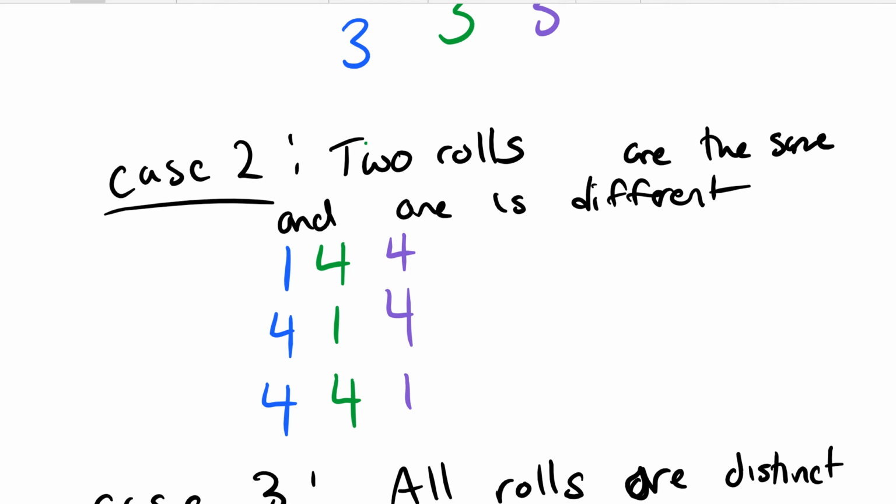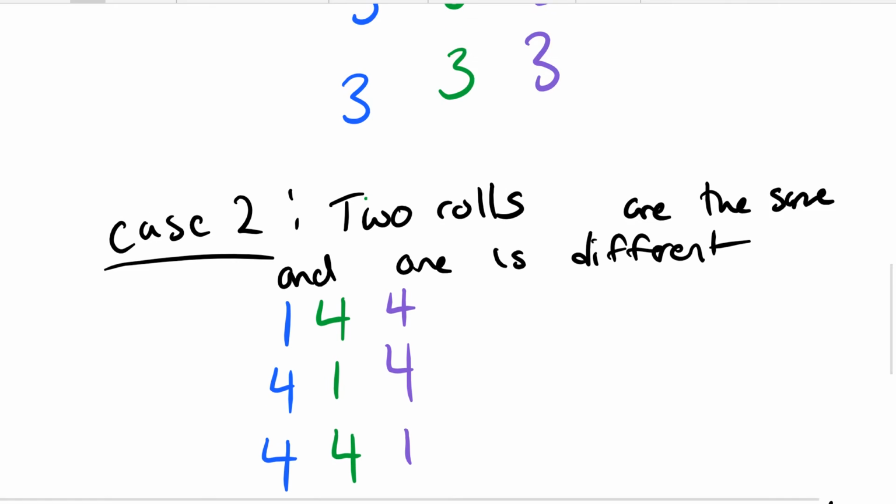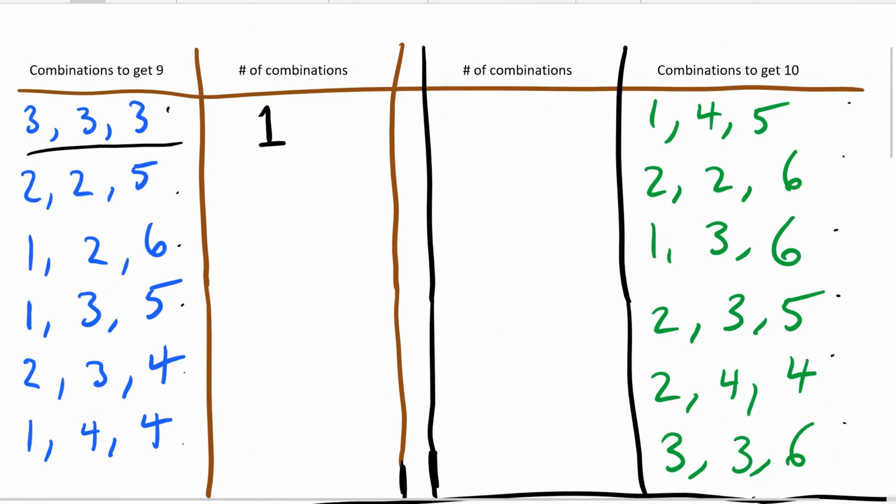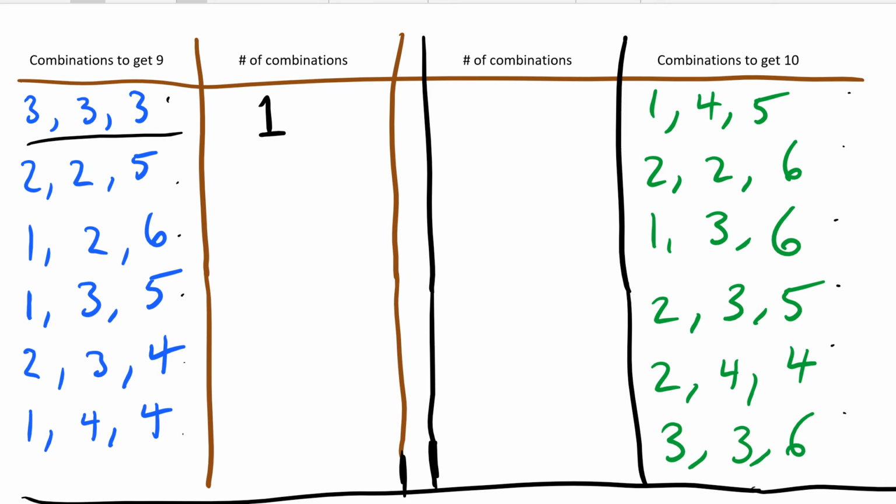And there are no other ways we can combine this so that they are distinct. So there are 3 ways to get a combination where 2 numbers are the same and 1 is different. That means there are 3 ways to get 225. There are 3 ways to get 144. There are 3 ways to get 226, and 3 ways to get these.